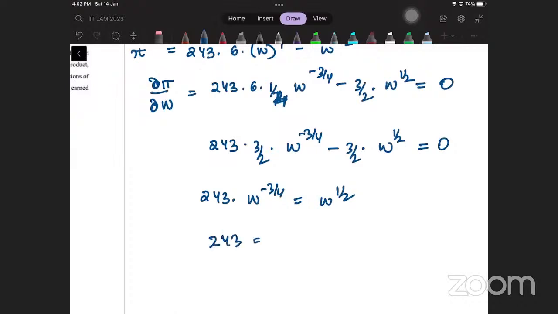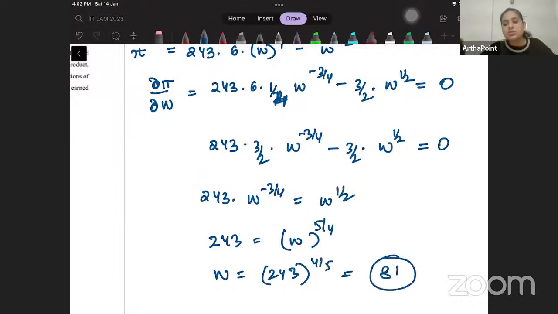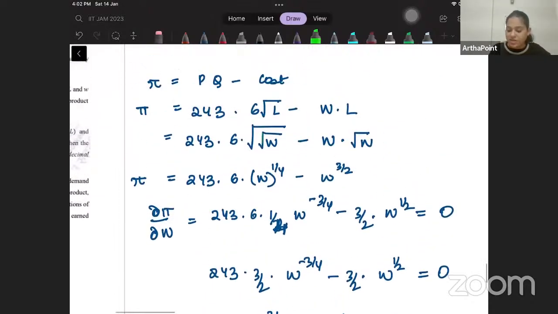So 243 is equal to W to the power 5 by 4. So W is equal to 243 to the power 4 by 5, which means 81, because this is 3 to the power 5. So this will give you 81 as the answer. So simple question. Everywhere just replace L with W and get the answer.